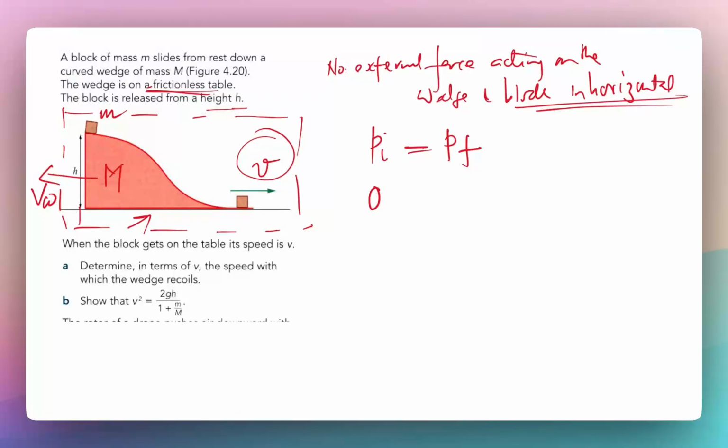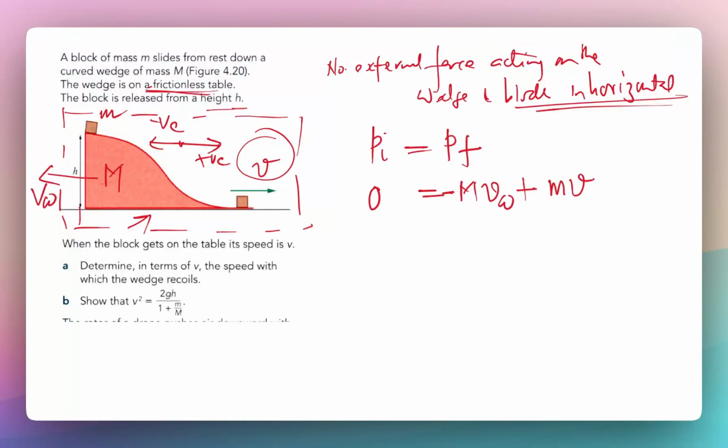In order to do the momentum, we need to have the direction, so let's call the right side positive and the left side negative. What is the final momentum of the system? The momentum of the wedge is capital M into V, but this is going to be towards the left, so we put minus, plus the momentum of the block towards the right, small m into v.